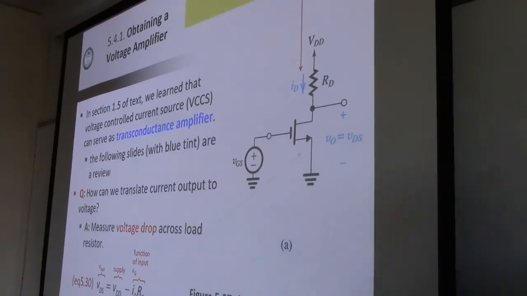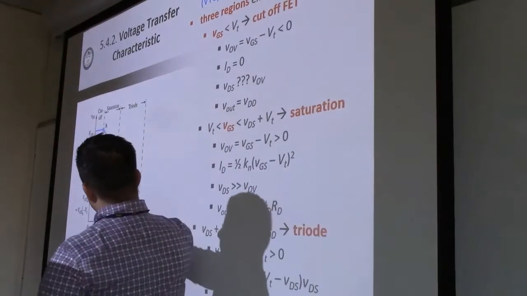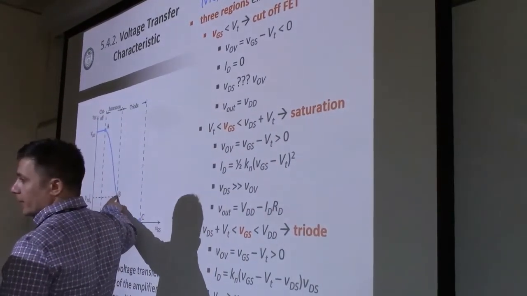It'll go up. It'll increase, right? So the more that the current increases, the more that the voltage VDS will continue to drop. What happens right here, eventually VDS will get smaller, it'll get smaller, it'll get smaller, and it will reach the point of being equal to VOV, right?